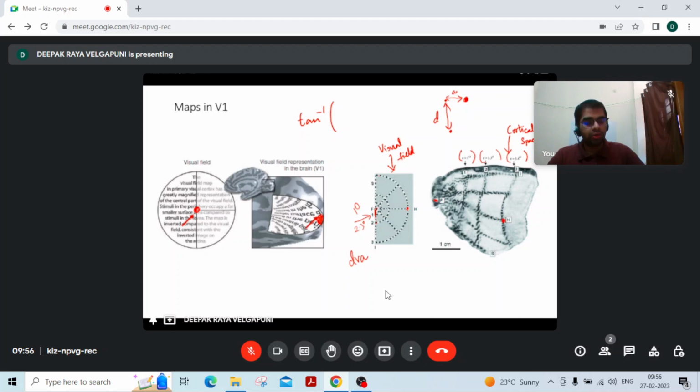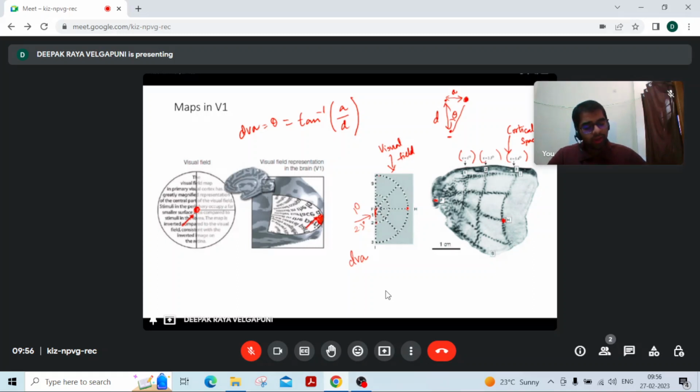To account for both in a combined fashion, there is a metric that combines the two, theta. Theta is tan inverse of a over d. Using degrees of visual angle, you can account for both your distance from the object as well as the distance of the object from the center. That is why we measure in degrees of visual angle.